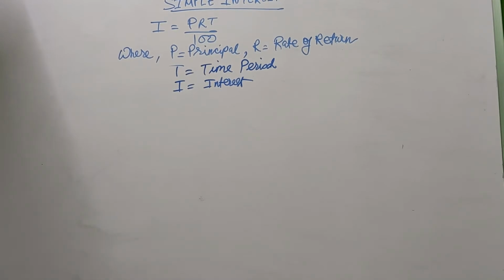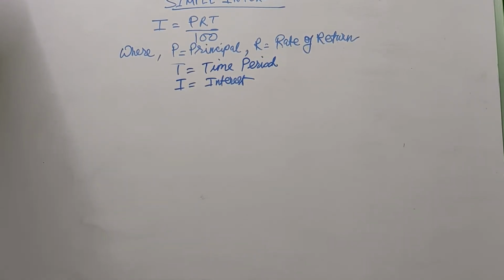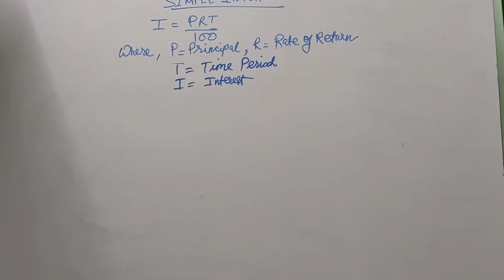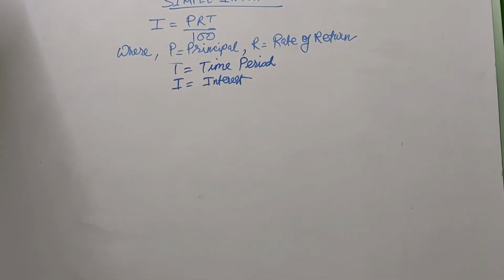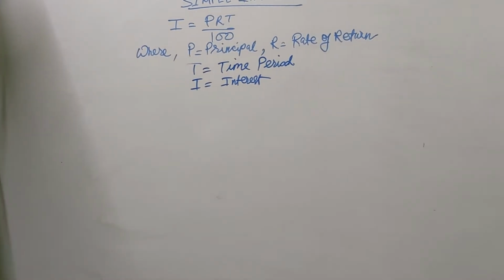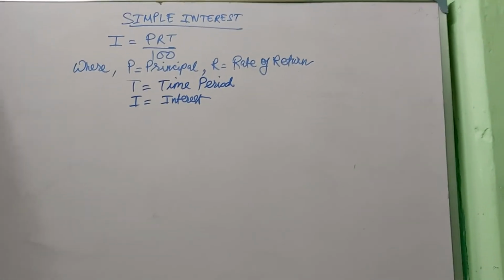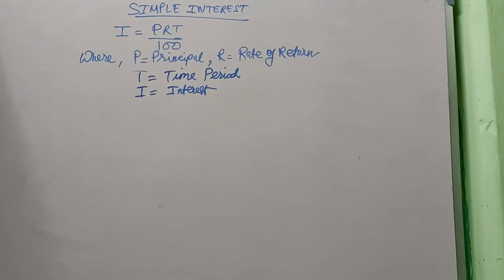The rate of return is 8%, but it has been calculated annually. When we do this type of sum, we have to take the annual year one by one, not as a whole.